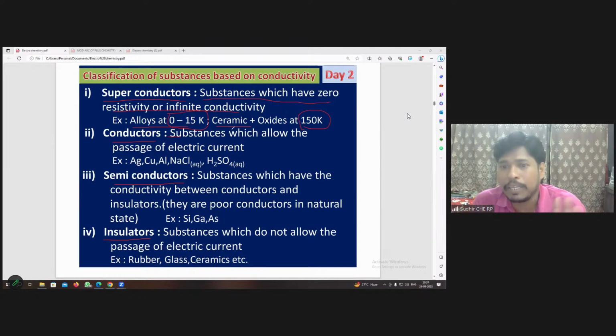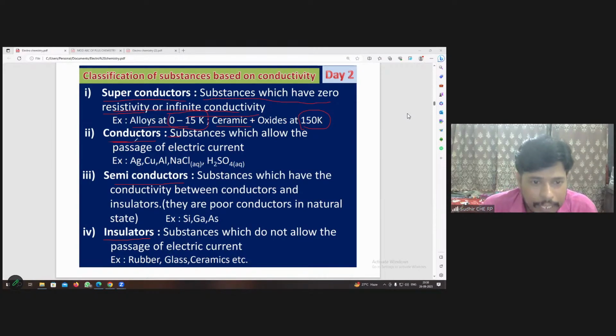But here, what mainly you have to remember: a superconductor will have zero resistance and infinite conduction property. Zero resistance or resistivity and infinite conduction or conductivity is exhibited by such substances. That is called a superconductor.